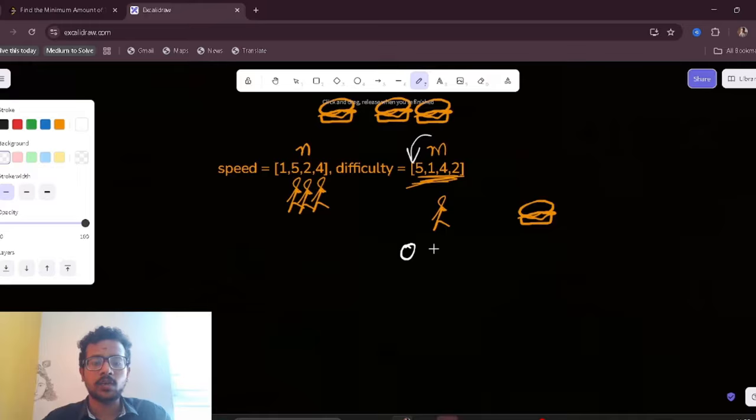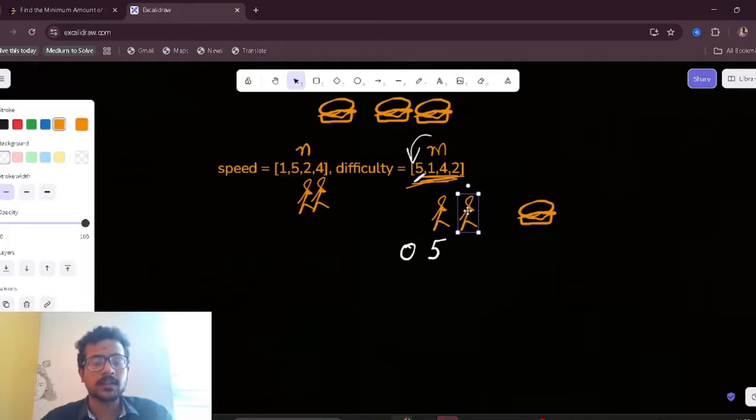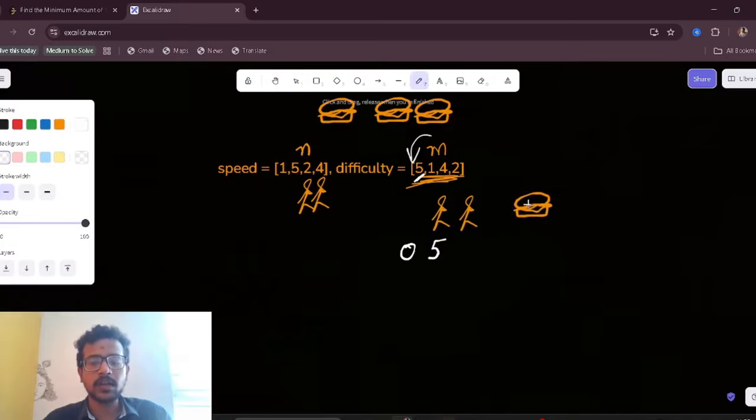So it would be 1 into 5, which is 5. Now, after that, the same burger is passed from this chef to another chef at the same moment, at time 5.